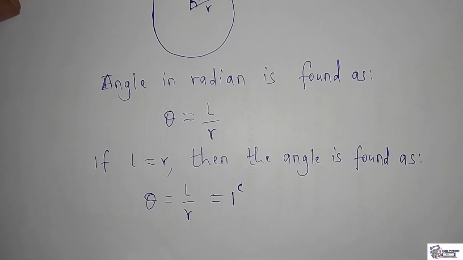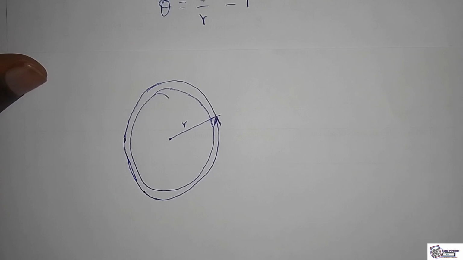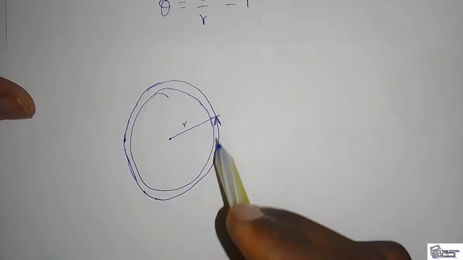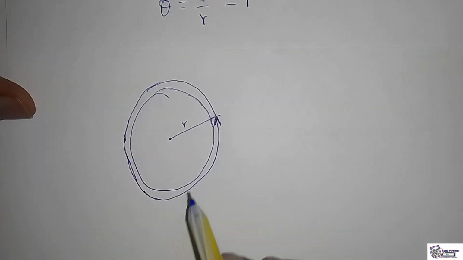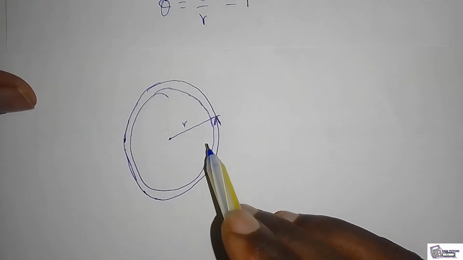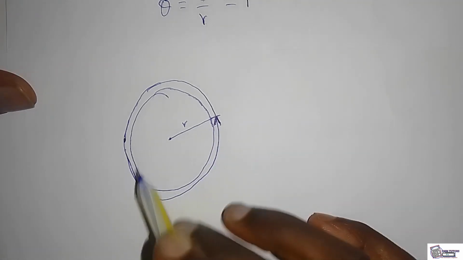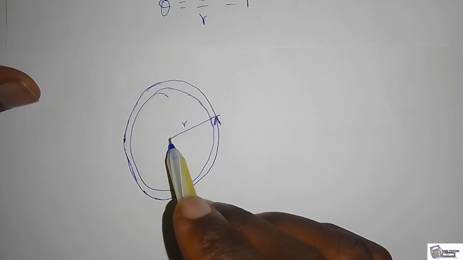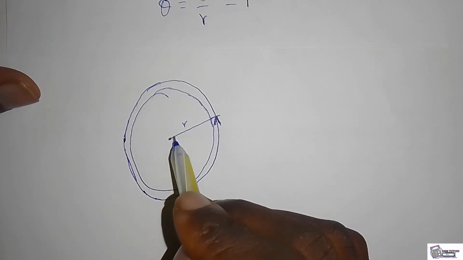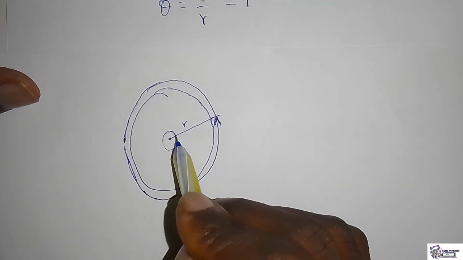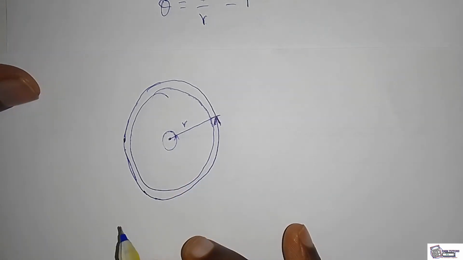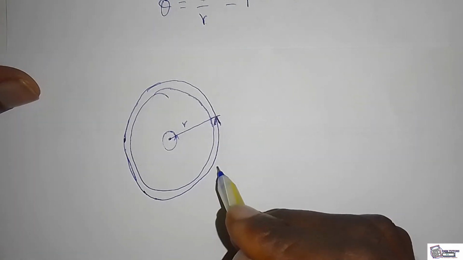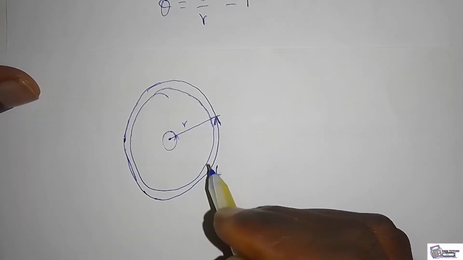So let us take an example where we have the entire circle and we have the entire circumference. So we know that when we have the entire circumference, the angle subtended at the center here around is 360. So our arc length will be the circumference of the circle.